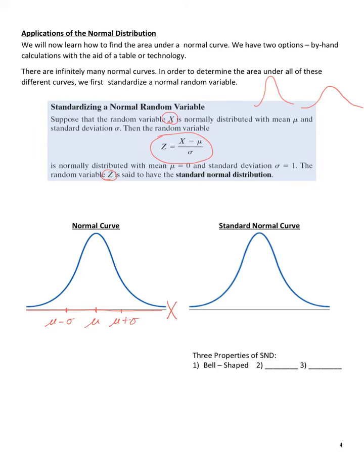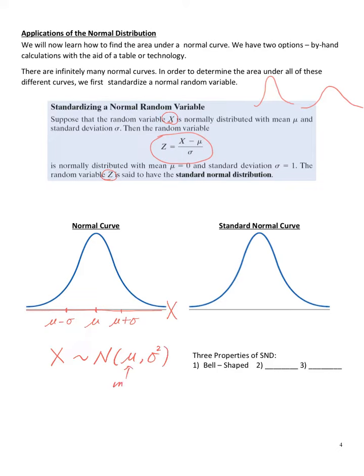The random variable x is normally distributed with mean mu and standard deviation sigma. Let's learn a new notation here. When the random variable x has a normal distribution with mean mu and standard deviation sigma, we write x is distributed as a capital N with mean mu and variance sigma squared.